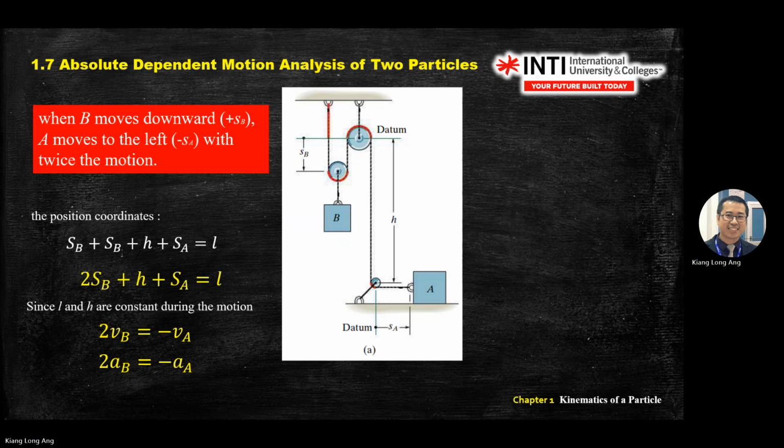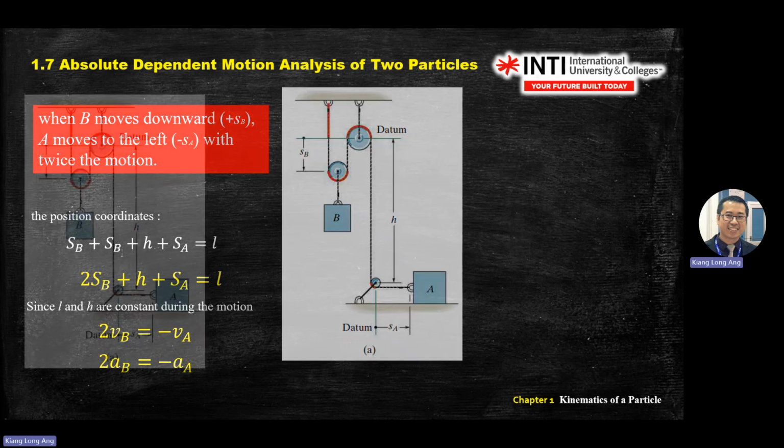Okay. Make sense? Oh, H is fixed, right? So the position moved by the A and B, you can see from here. If you move B, A will move double of B, because this is a ratio. Okay. All right.